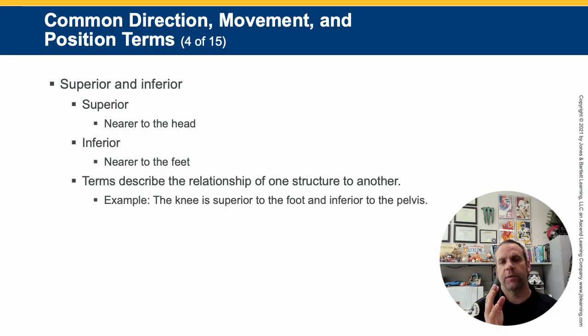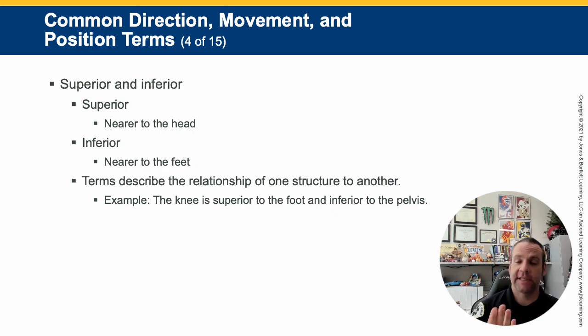Okay, so the other directional pairs rather, these terms help us describe a structure's location, again, relative to one another. And it's really based on the vertical orientation within the body. So you'll use them frequently during patient assessments and when explaining where injuries or abnormalities are located.